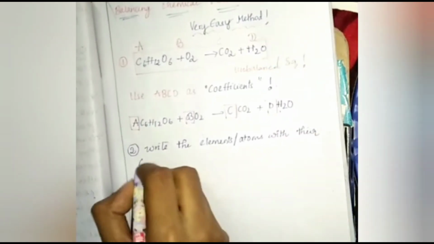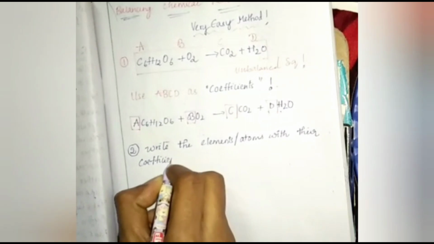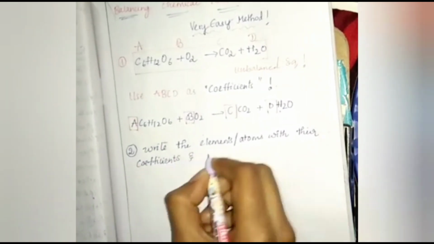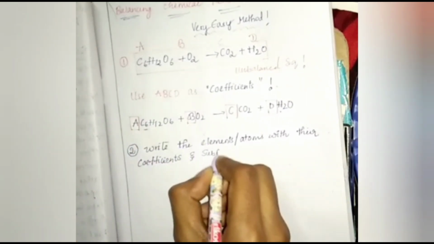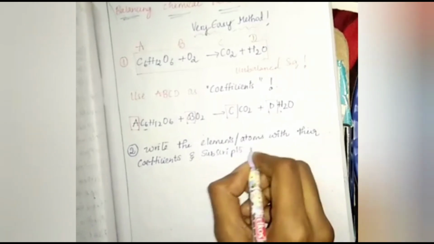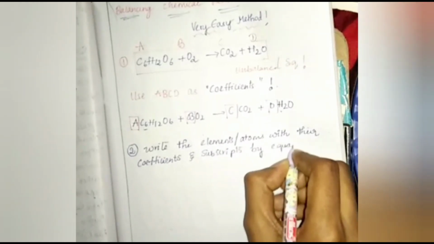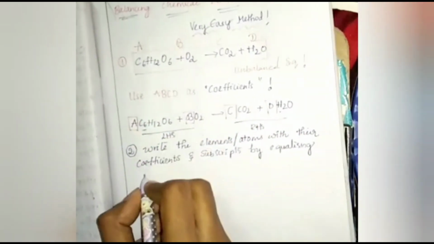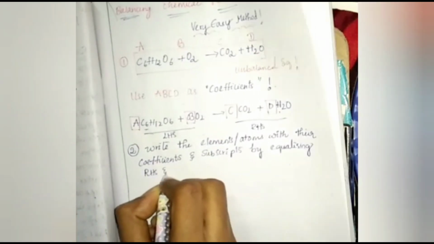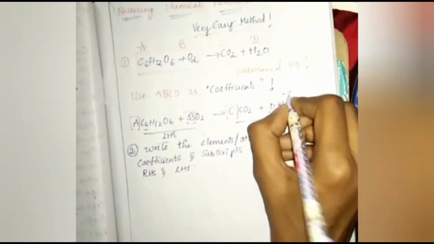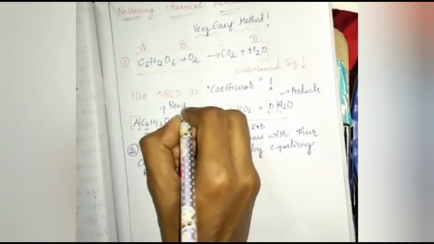Write the elements or atoms with their coefficients and also subscripts, that is how many atoms of each element are there in that compound, by equalizing RHS and LHS. On the right side we have products, on the left side reactants. Now we are entering the second step.